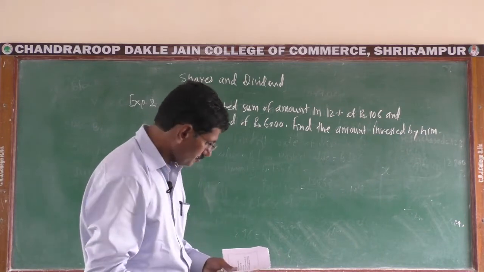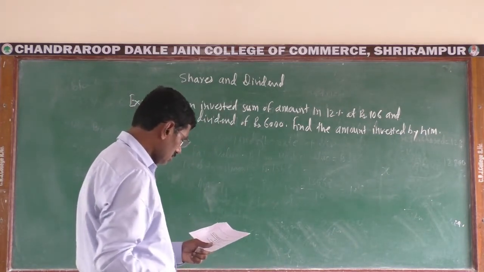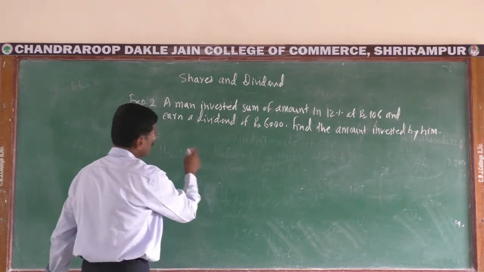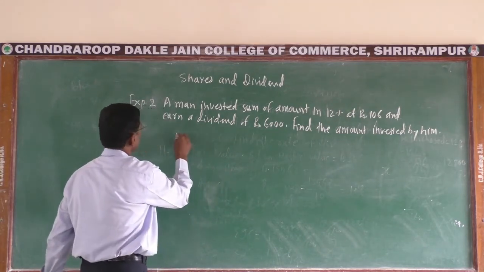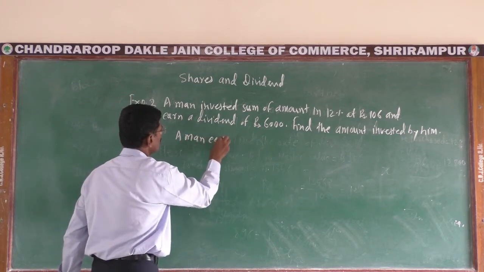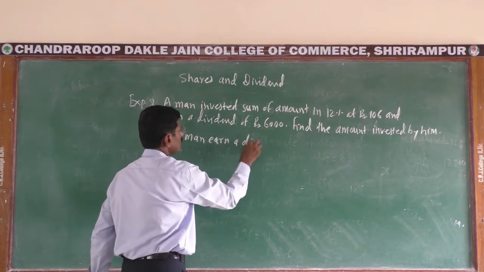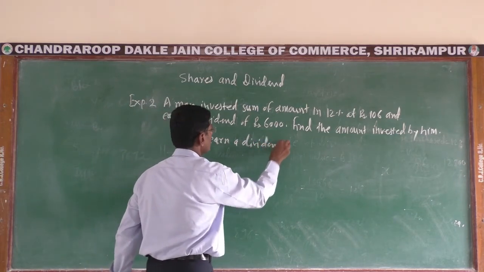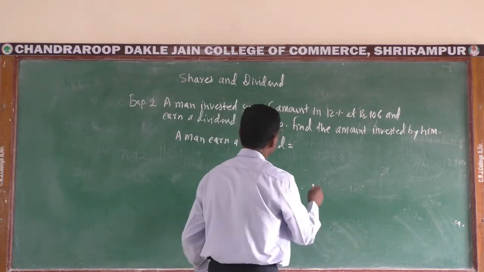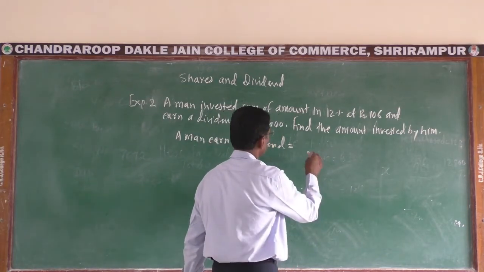Okay, a man earned a dividend is equal to number of shares into 12, the rate of dividend per share.